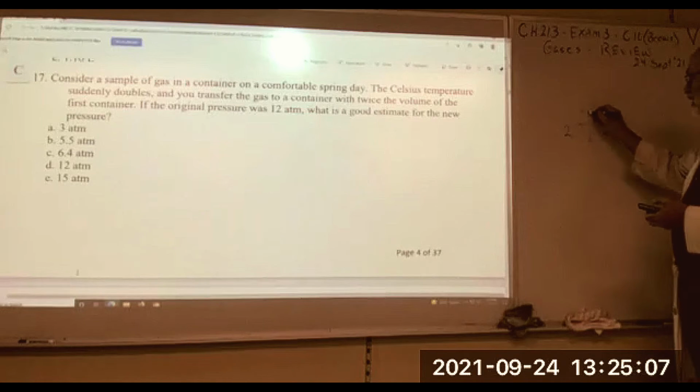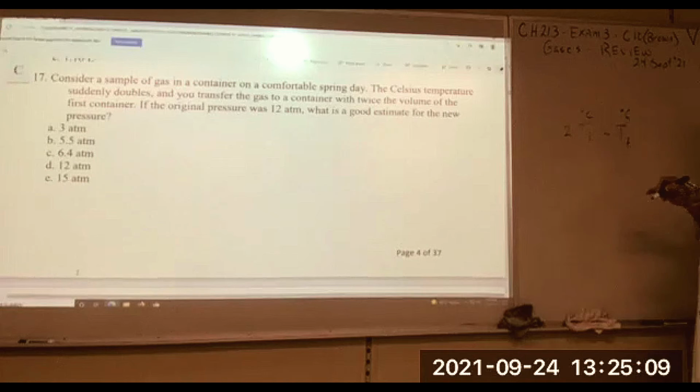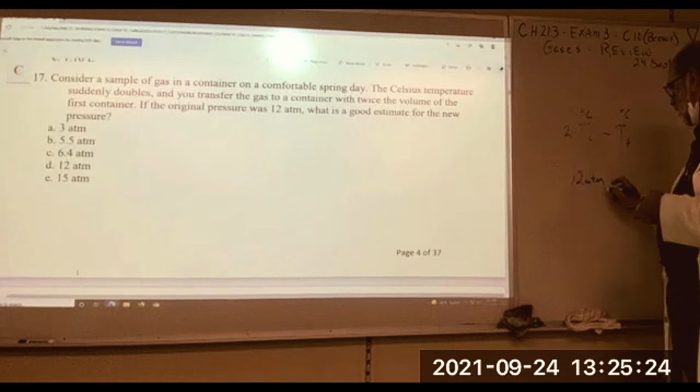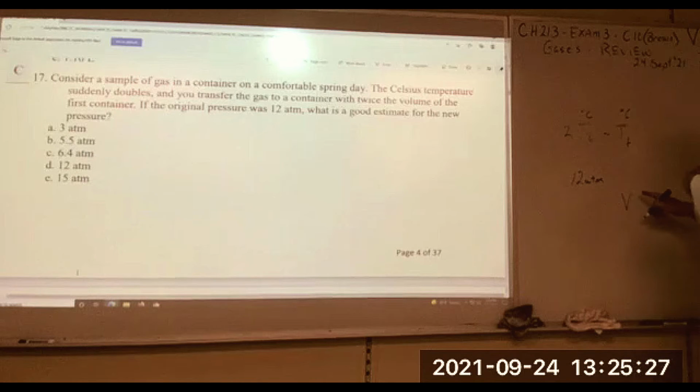But this is in degrees Celsius. Okay. You transfer the gas to a container with twice the volume of the first container. If the original pressure was 12 atmospheres, and the volume now over here is going to be twice this volume.